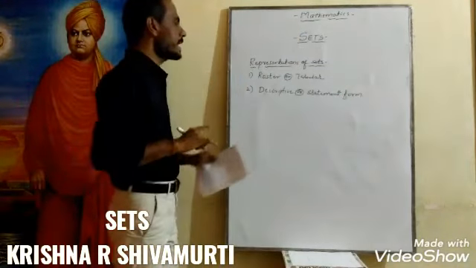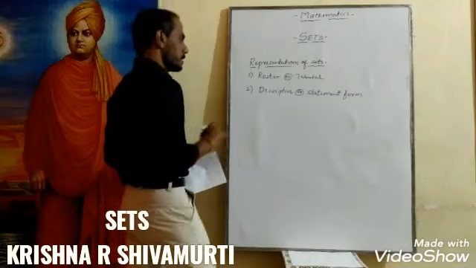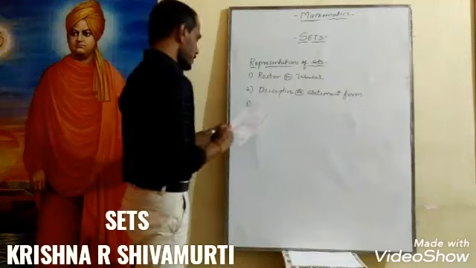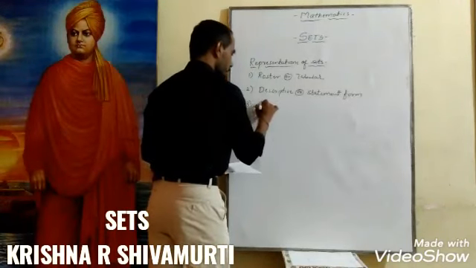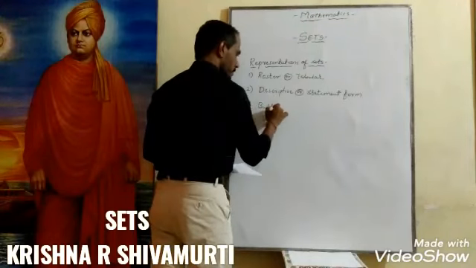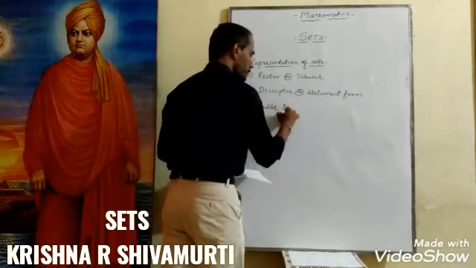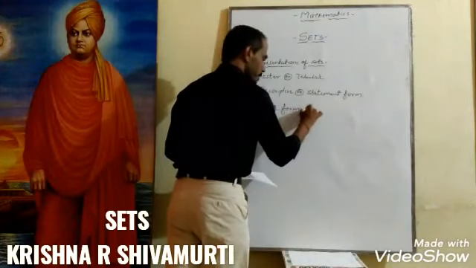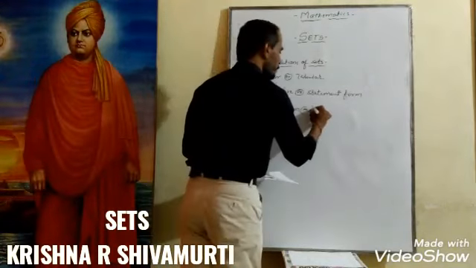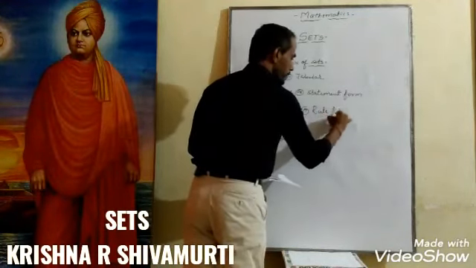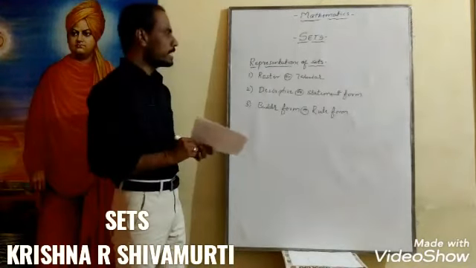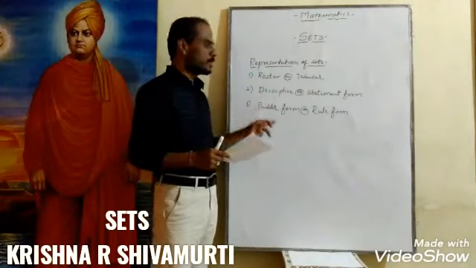The third kind of representation of a set is the builder form or rule form. There are three kinds of representation of sets.